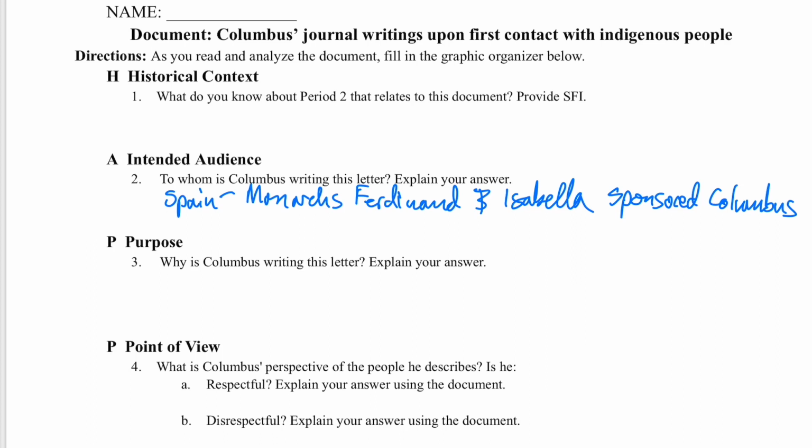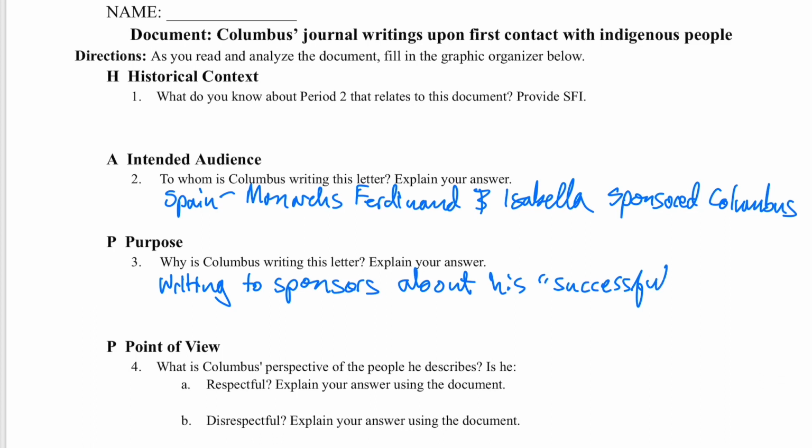So he's probably trying to convince them that he is doing his job well. He is writing to his sponsor saying, hey, good news. I sailed west and I landed in the Indies. I was right all along. You should definitely give me more money and more ships so that I can cement your claim on this route to Asia.